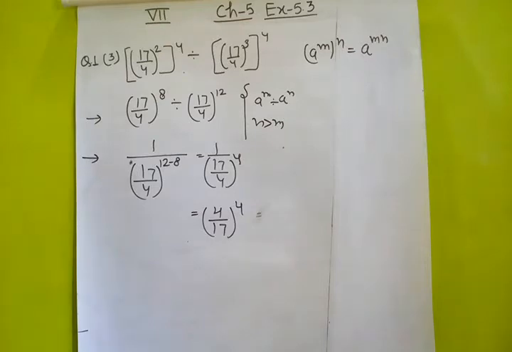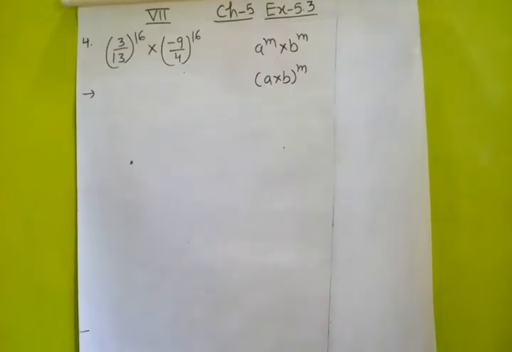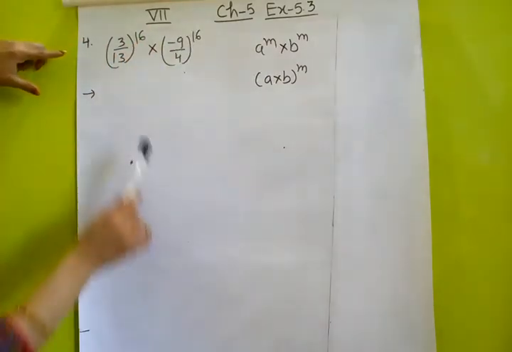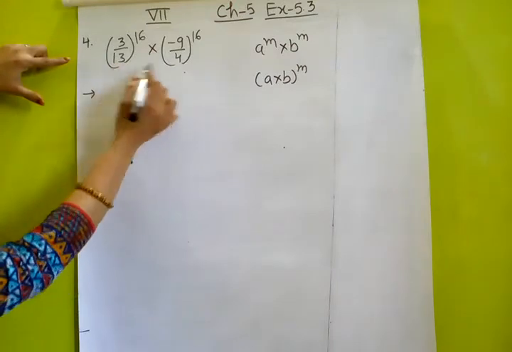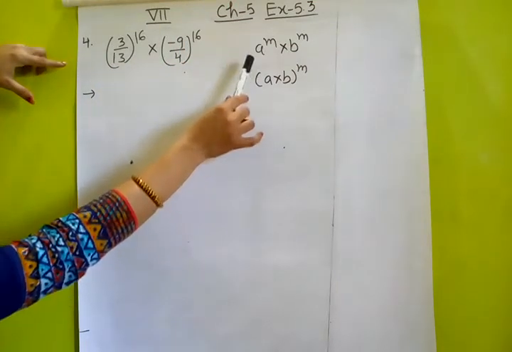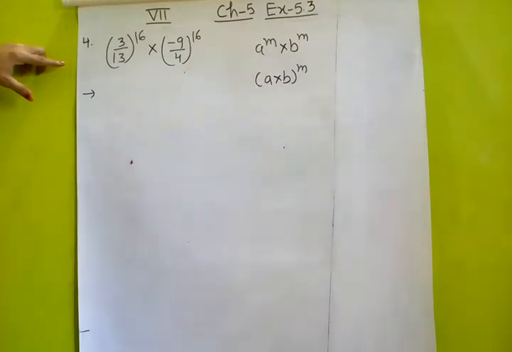Now last part of question number 1. Students, part 4, 3 upon 13 power 16 minus 9 upon 4 power 16. Students, here you can see bases are different but powers are same. In this form students, a power m multiply b power m.